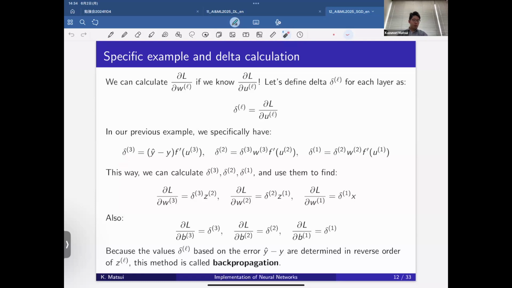In feed-forward neural networks, Z is determined in order from the smallest: Z1 was determined, then Z2, then Z3, and so on. Compared to that, these are determined in reverse order. Since the values are determined by the error and in reverse order for delta, it is called the backpropagation method.